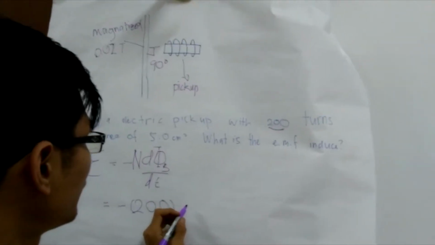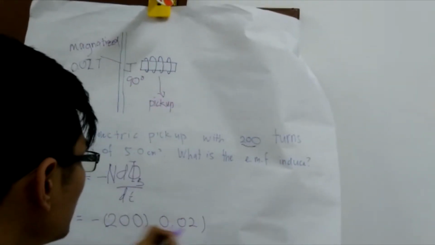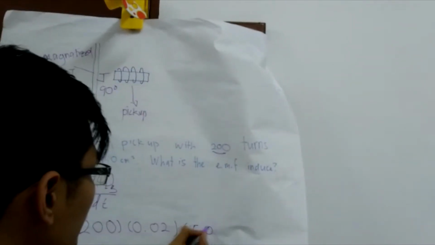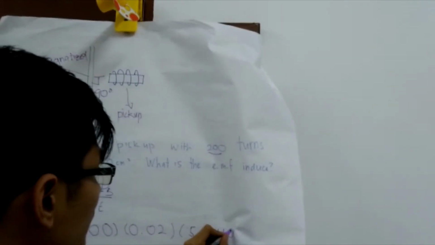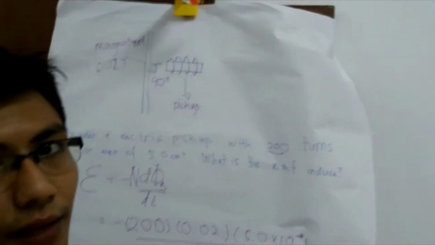We substitute the values: 0.02, and the area is 50 times 10 to the power of -4, with cos 90, over the change in time. Let's say the time is about 10 seconds.